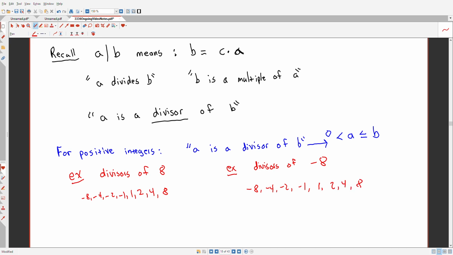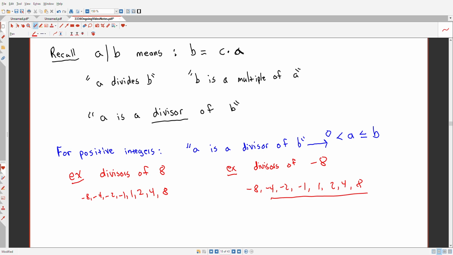And I just want to point out that on my second example over here on the right, it is no longer true that the divisors are less than -8. In fact, if you look at this example, all of these divisors here are bigger than -8. So in a lot of what I'm going to say, sometimes I'm going to use the fact that divisors are smaller than the number they're dividing into, than their quotient.